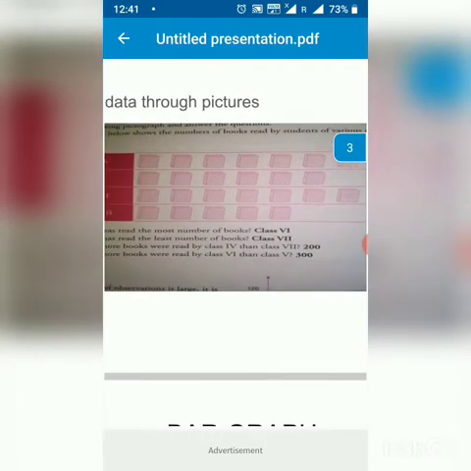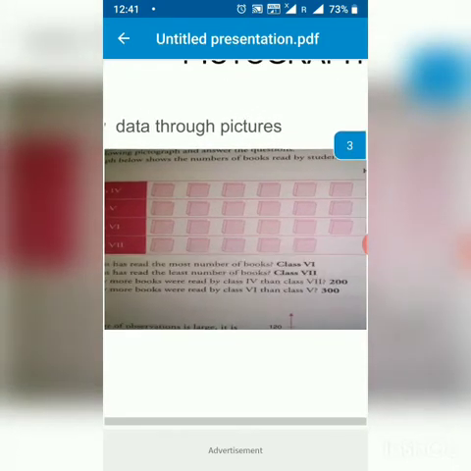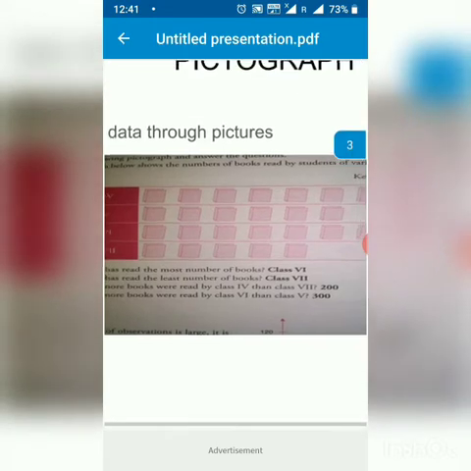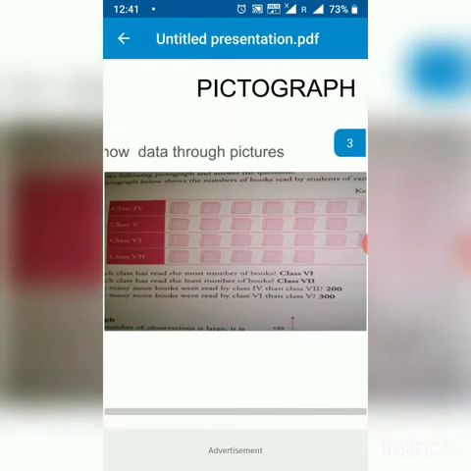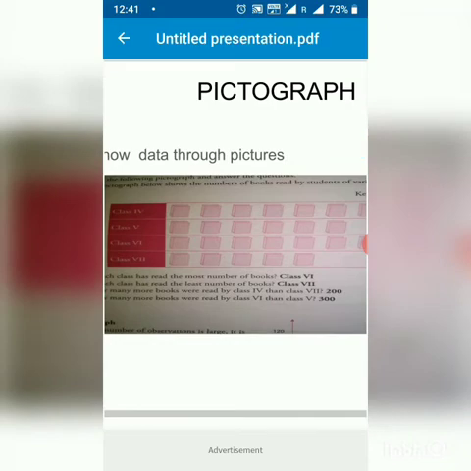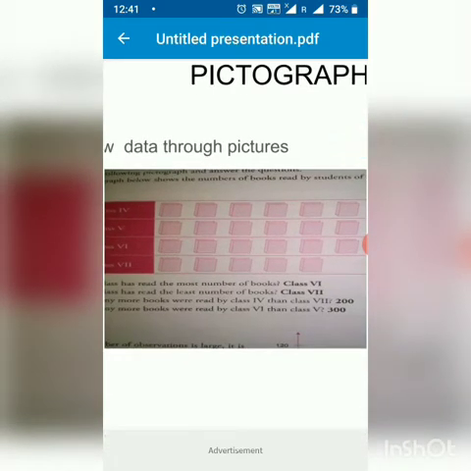See here, in this graph or in this picture, there are some icons represented. What are these? It is given the number of books read by the students of different classes from standard 4 to standard 7. So as it is told as the book, we can represent that data in the form of a book picture, or we can take any other picture also.